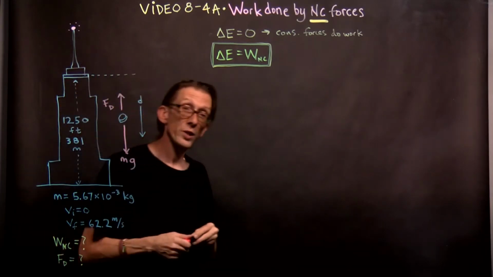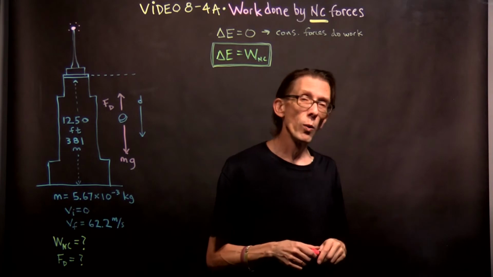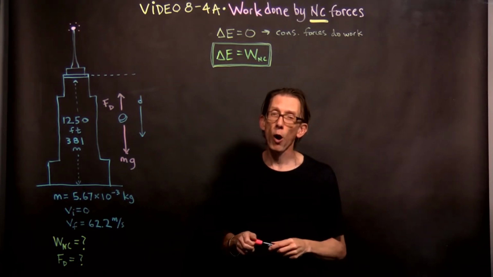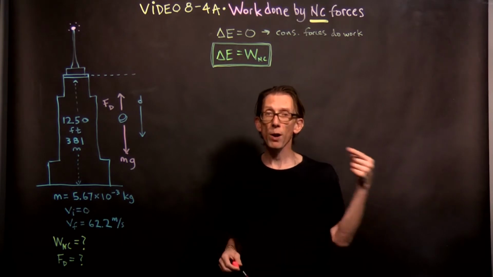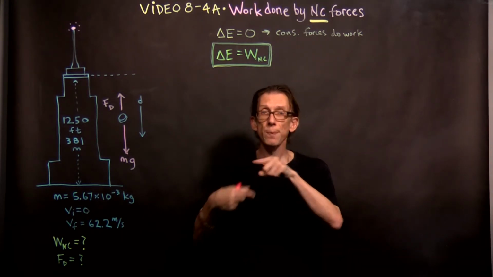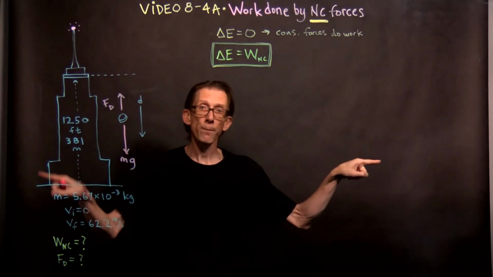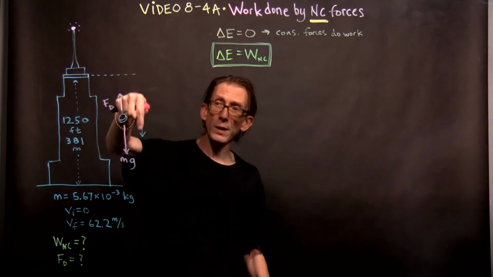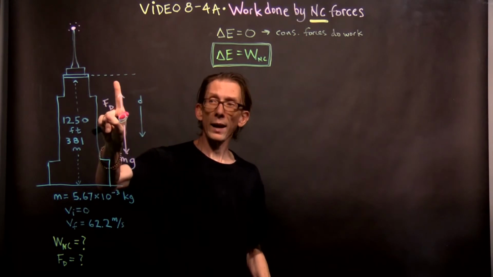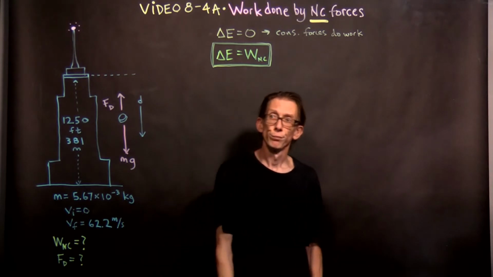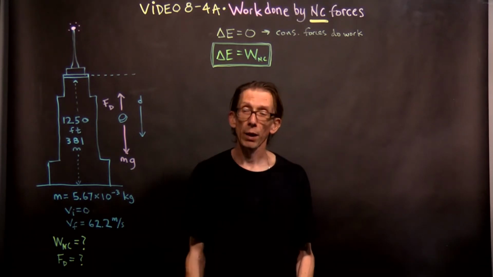The drag force, like kinetic friction, always opposes the motion. The force of air drag always opposes the motion. So if a baseball is going that way, the force of air drag is opposed to that motion. If the baseball reverses direction and goes to the right, air drag is to the left. So if the quarter is falling down, displacement is down, force of drag is up, mg is down. Okay? So that's our free body diagram.